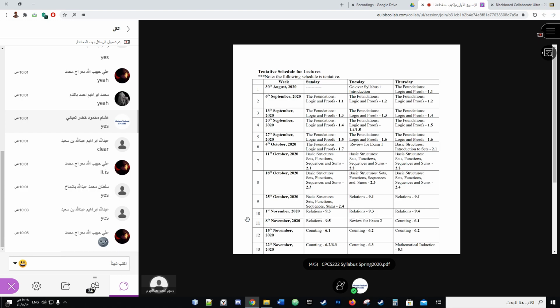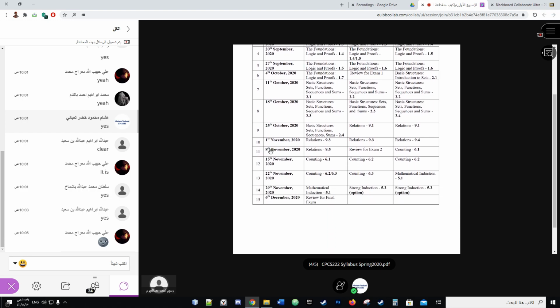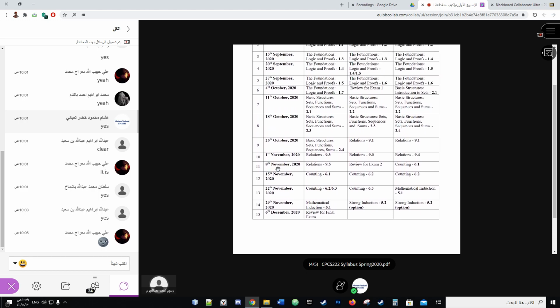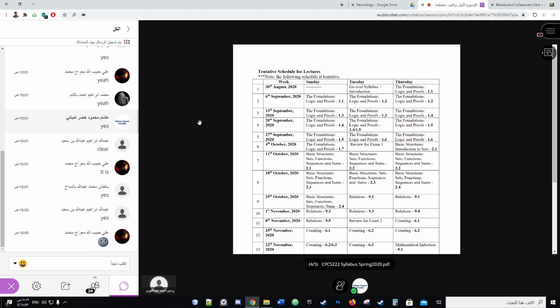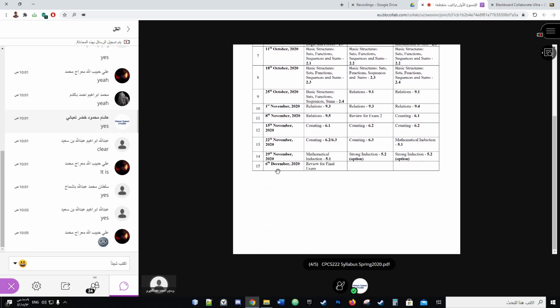After that, we jump to the ninth chapter, 2.5 weeks on relations, and then chapter 6 on counting, another 2-3 weeks, and then mathematical induction as the last chapter, which is about 1.5 weeks.